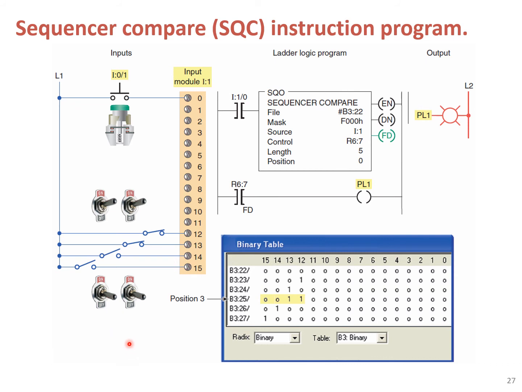Let's say at this time we have this specific combination of 0, 0, 1, and 1, and you see it matches one of the rows or words in our sequencer file. So it matches here. Because it matches one of these, the found bit is true and the pilot light goes on.